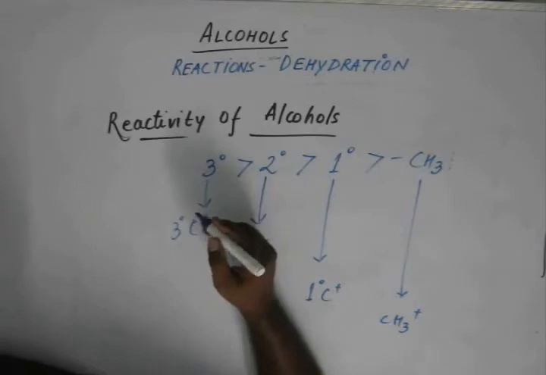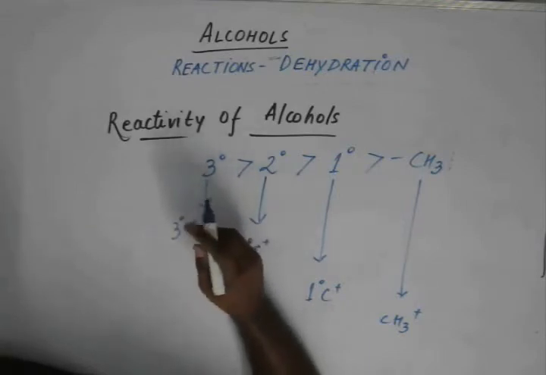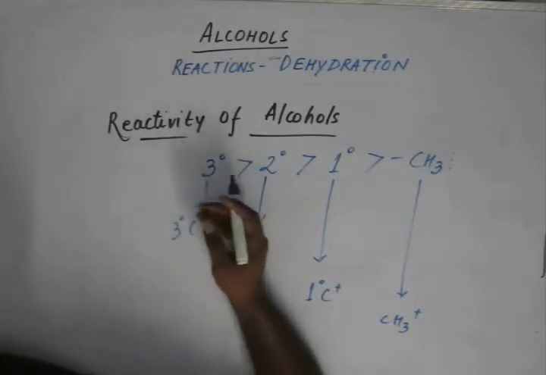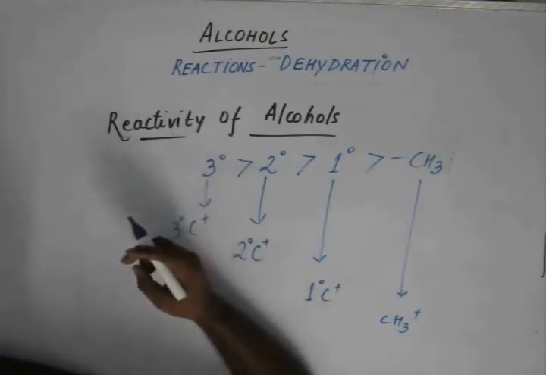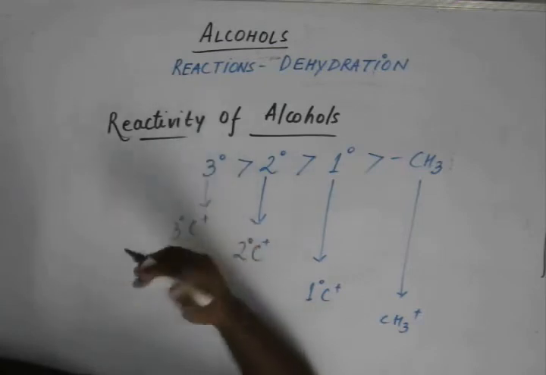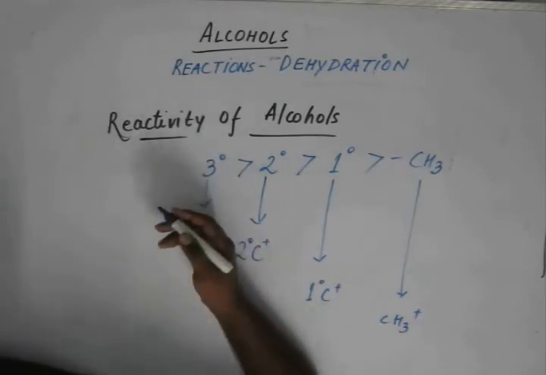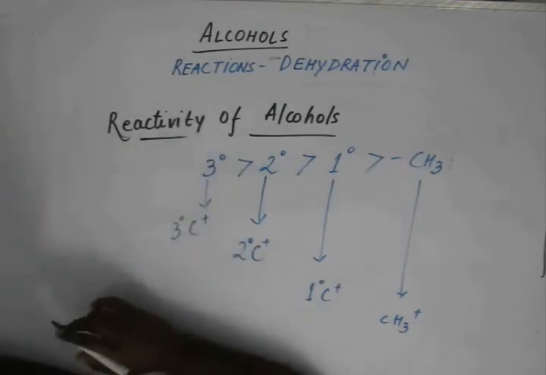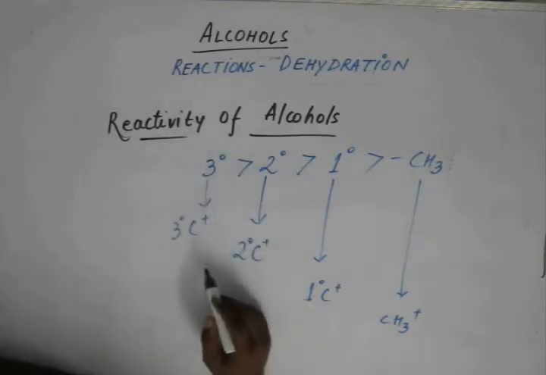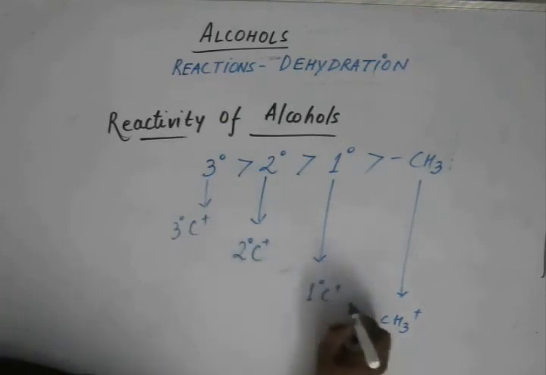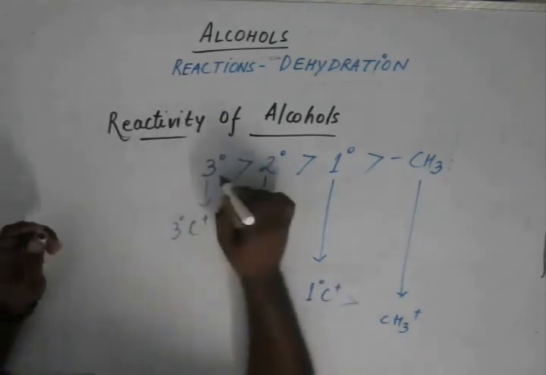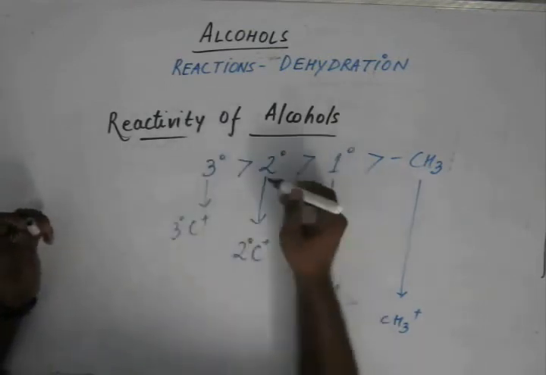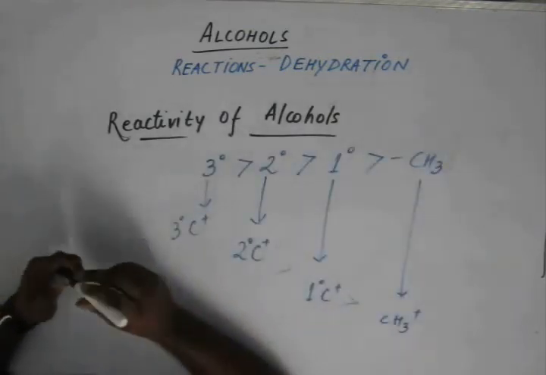The alcohol which will tend to form a more stable carbocation will react faster than the one which is tending to form a less stable carbocation. It's quite obvious, right? A 3-degree carbocation is more stable than this, this, and this. So I hope you understand why a 3-degree alcohol is more reactive than a 2-degree, and then this trend follows.